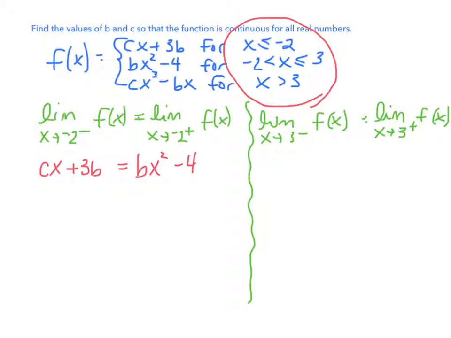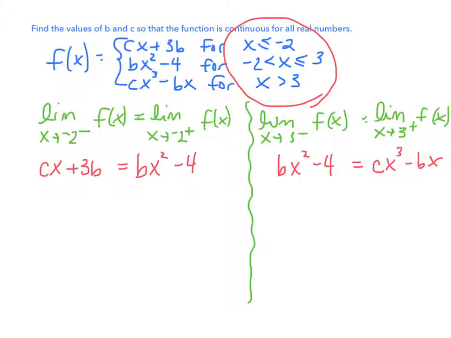Moving over to the other problem, same idea. First, x approaching 3 from the left is when x is less than 3, so bx squared minus 4. And 3 from the right would be cx cubed minus bx.